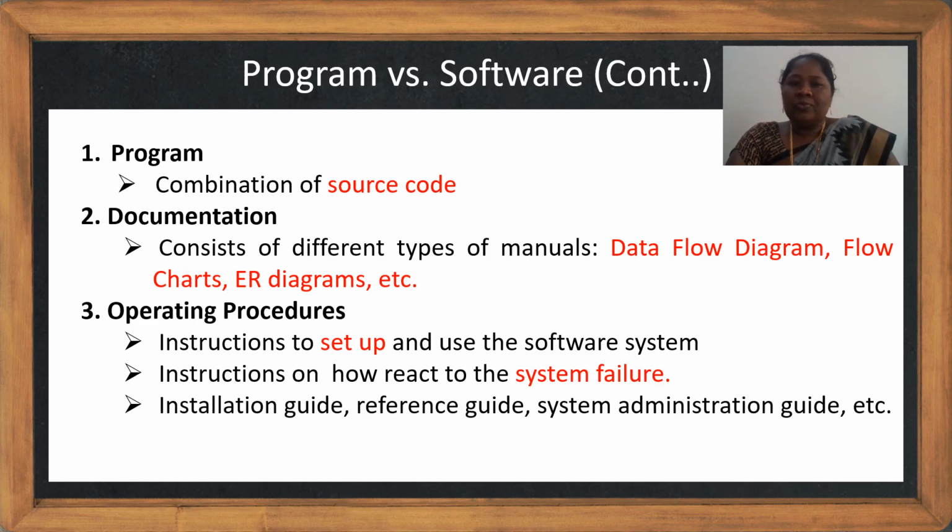And what is the operating procedure? For example, if you want to run the application, what is the basic requirement, which software, which frameworks and which database are supposed to be there. In case of any failure, what input it can process, or how to restart this application. All kinds of information will be available inside this procedure.